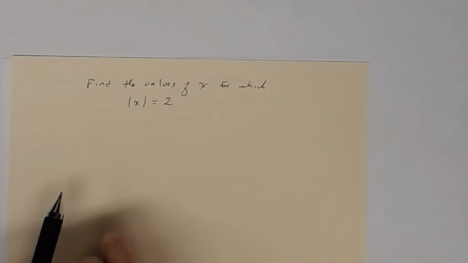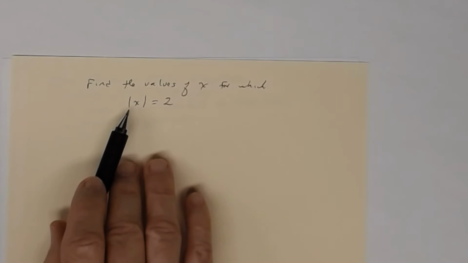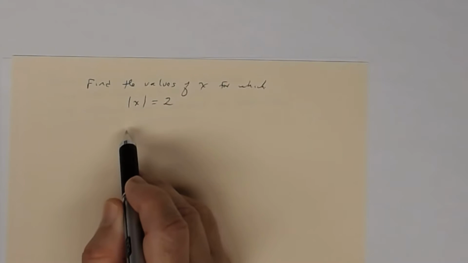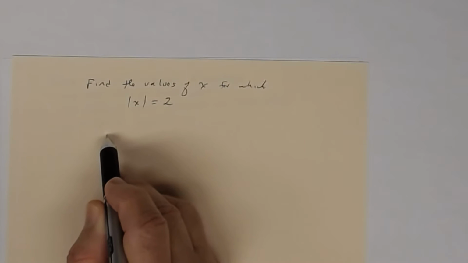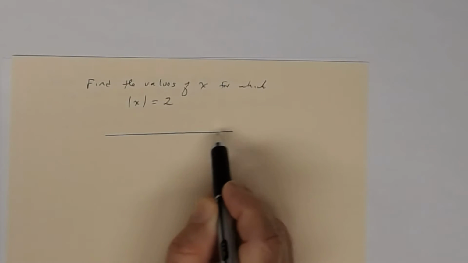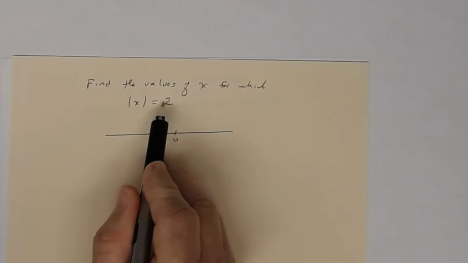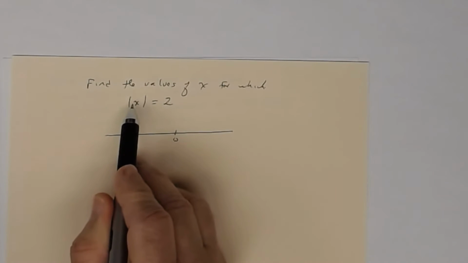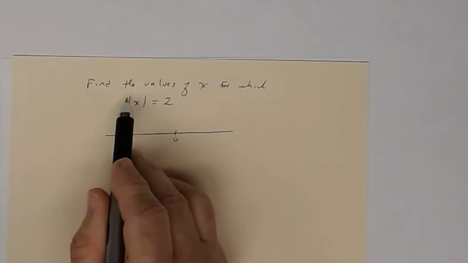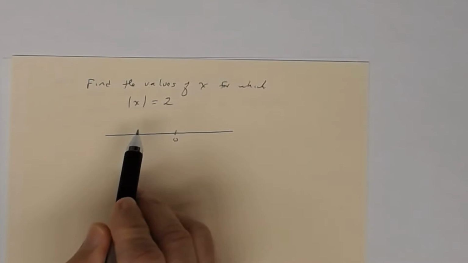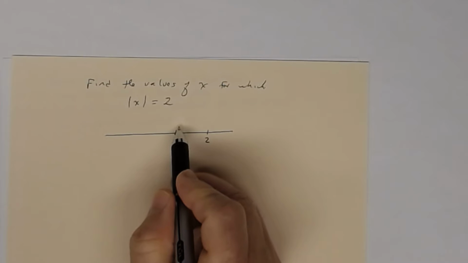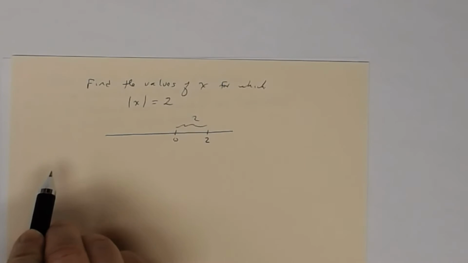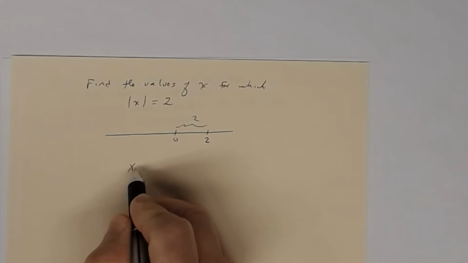So remember, the absolute value of a number measures the distance that number is from 0. So if I look at the number line, and if I put 0 right here, what I'm asking here is this: what number will be 2 units from 0? So you know that the number 2 is 2 units from 0, right? So x equals 2.